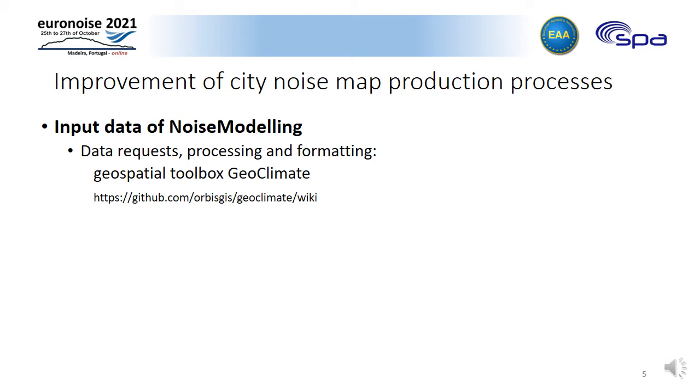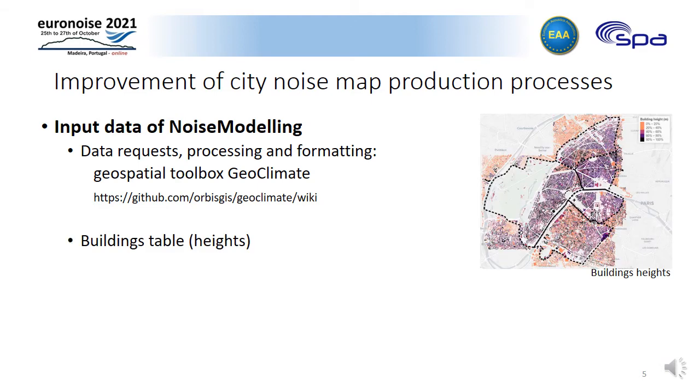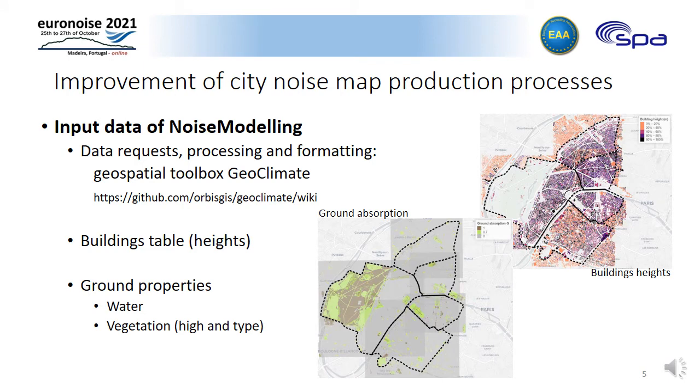NoiseModelling requires at least 3 geographical layers to be able to predict noise levels. Buildings with location and height information, ground with category of the ground and information about the vegetation. Ground information is useful to estimate the ground impedance coefficient required by the propagation model.